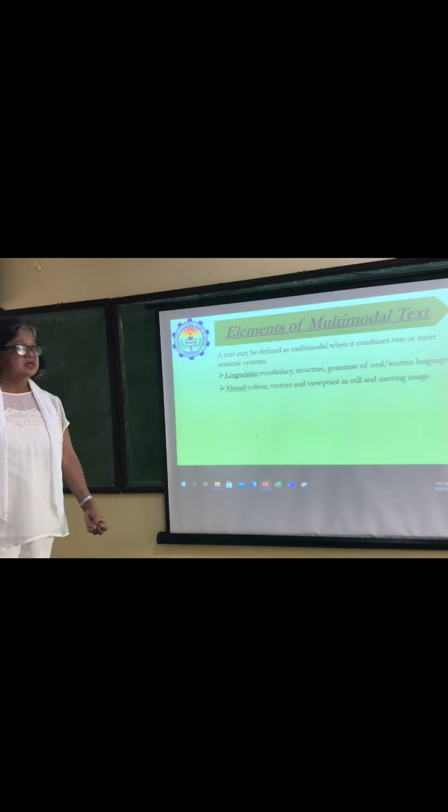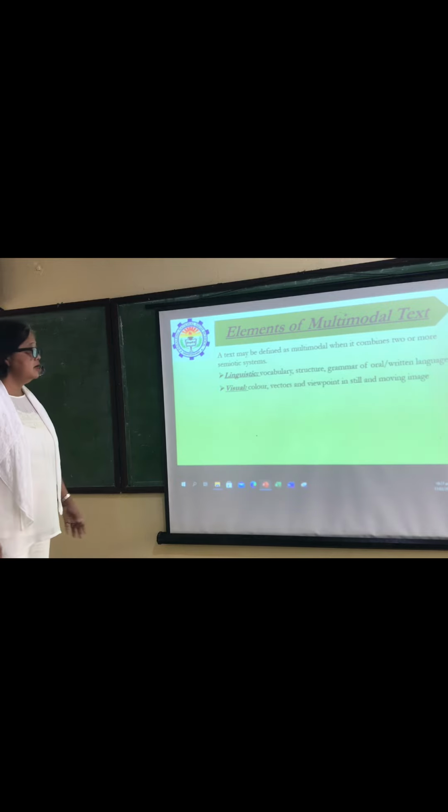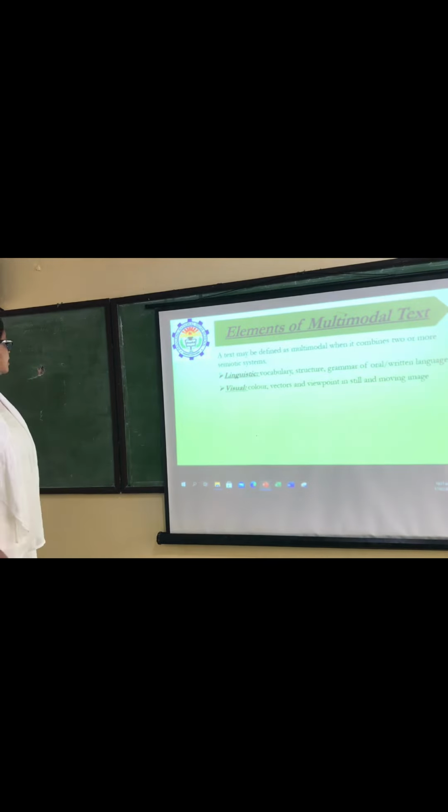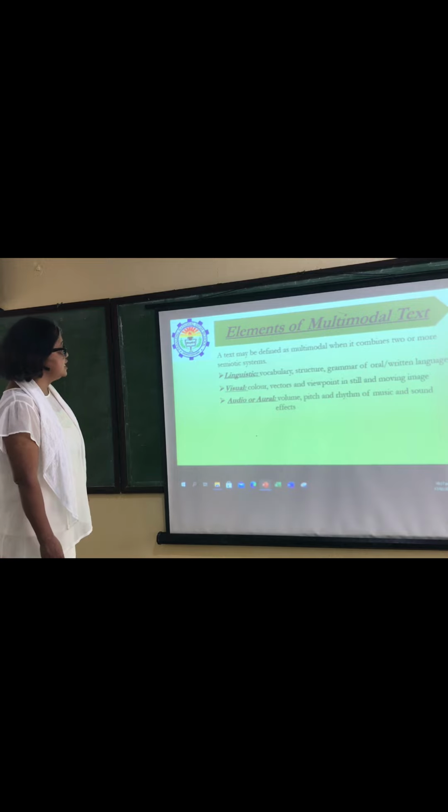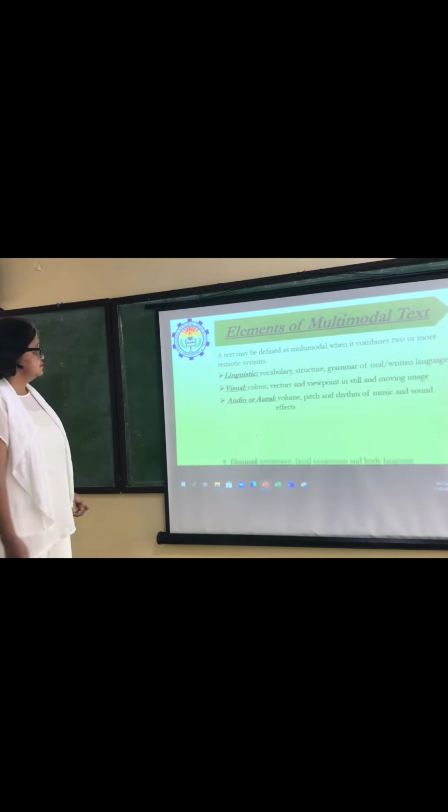Next, we have the visual: color, vectors, and viewpoints in a still and moving image. Next, audio or oral. We refer to this as volume, pitch, and rhythm of music and sound effects.